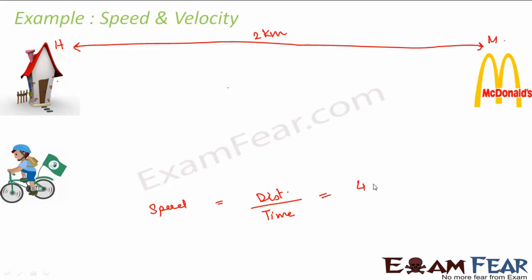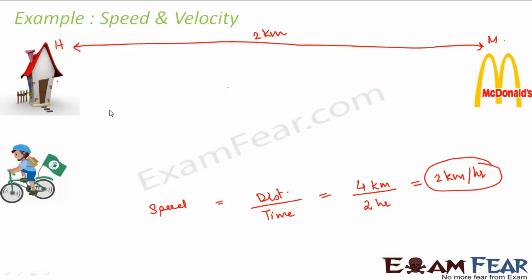So total distance traveled is 4 kilometers. Time taken, let us suppose that he took 1 hour to go to McDonald's and again 1 hour while coming back. So what is the total time taken? That is 1 plus 1, 2 hours. So it comes out to be 2 kilometers per hour. So 2 kilometers per hour is the total speed in this journey.